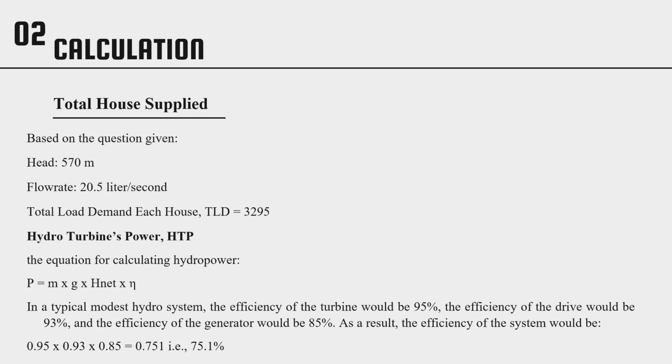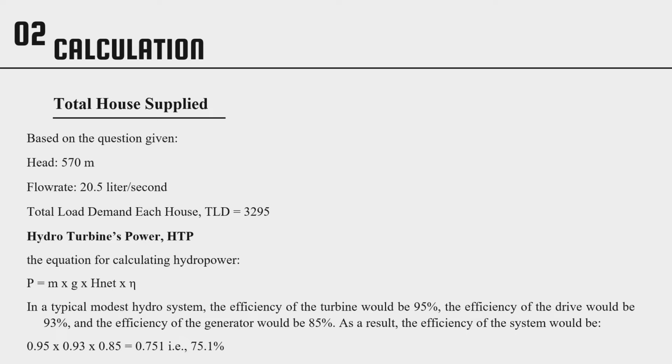And the total load demand for each house that we calculated before is 3,295. To calculate how many houses can be supplied, we have to calculate the hydro turbine power, HTP, first. The equation for hydropower is P equals m g h net efficiency. So first we have to calculate efficiency.